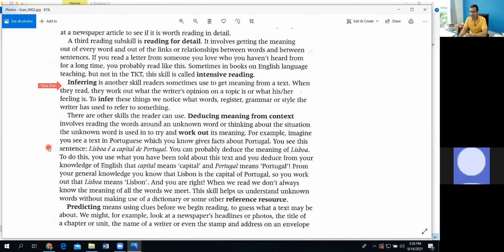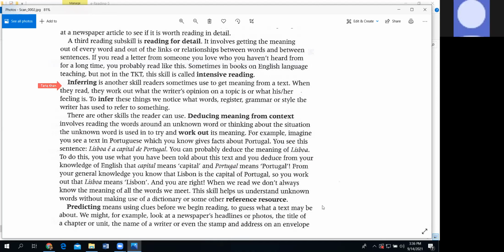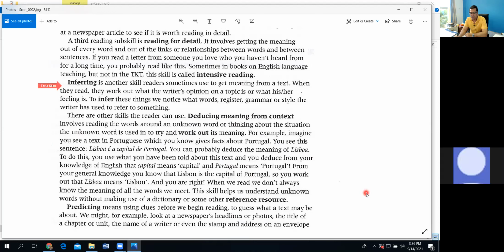Okay, is it clear? Inferring the meaning is clear. No thumbs are coming up. Is it confused or what? Only Mudita has understood.